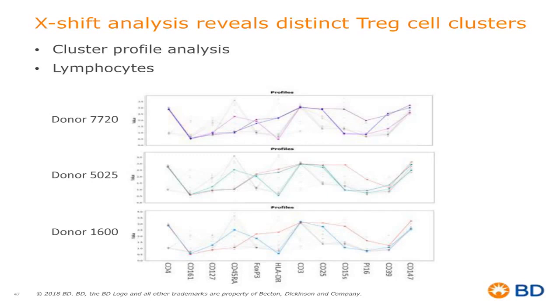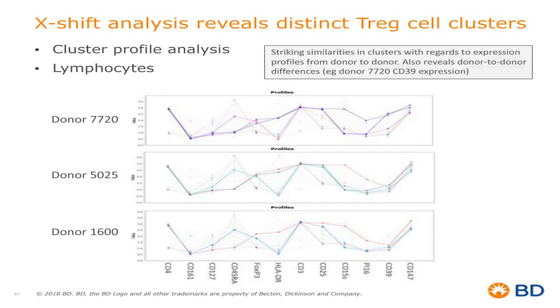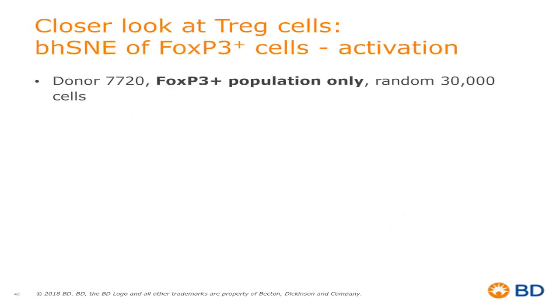And this is just revealed from an automated computational analysis looking at it across various donors. So there's striking similarities in these clusters, but you can also use this to try to find differences or uniquenesses across the different donors that you're evaluating.